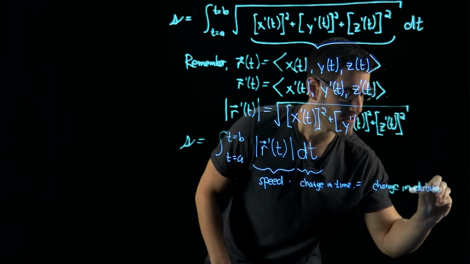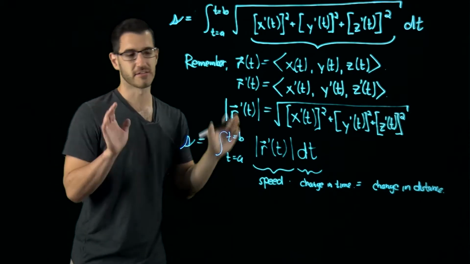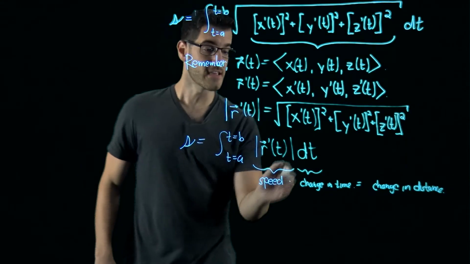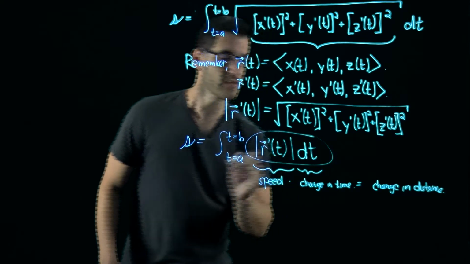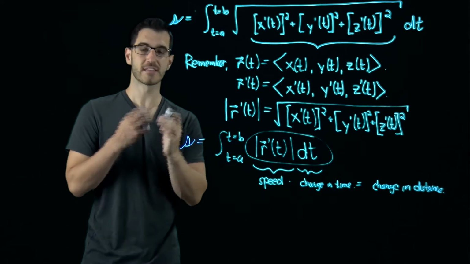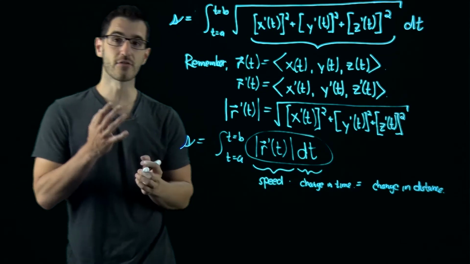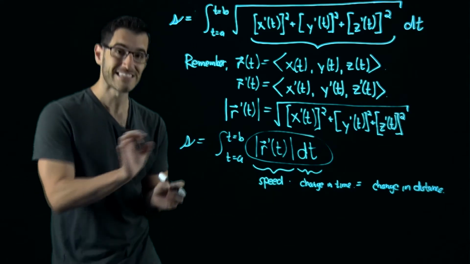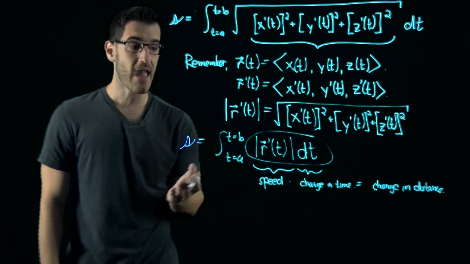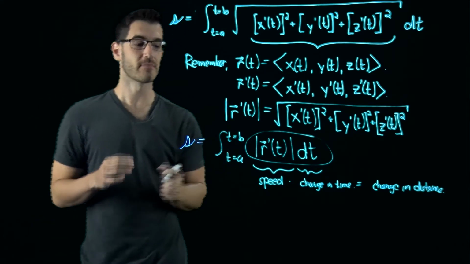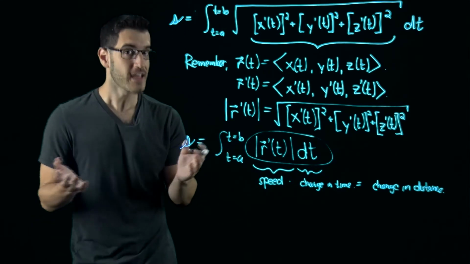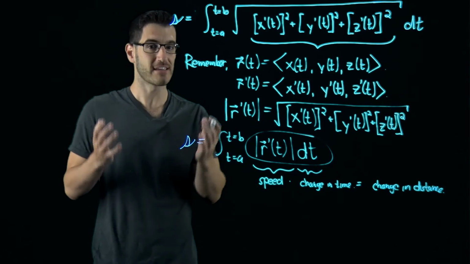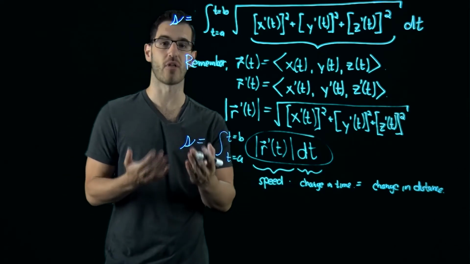So this thing here, this inside expression, actually represents a small change in distance along the curve. And so now we can think of this as we're going to go small distances along the curve from time A to time B and add all of them together. And what do we expect to get if we do that? Well, we expect to get the distance that we've traveled along the curve.